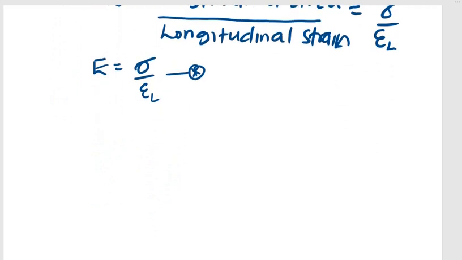We have said that V, which is the Poisson's ratio, is equal to epsilon lateral divided by epsilon longitudinal. So I can eliminate longitudinal strain here to get the expression of lateral strain given Poisson's ratio and Young's modulus and the stress.